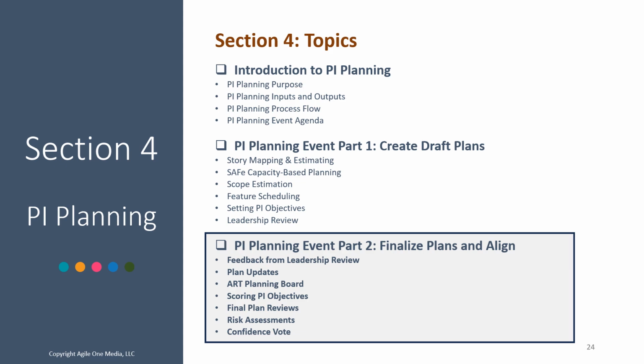Here we're going to cover the steps needed to align the ART on a final plan for the PI, including the output from the leadership review meeting, planning adjustments, how to get to a finalized ART planning board and an updated set of PI objectives. Then we'll cover the scoring process for the PI objectives. And then finally, we'll look at the risk reviews and confidence vote and how to close out the PI.